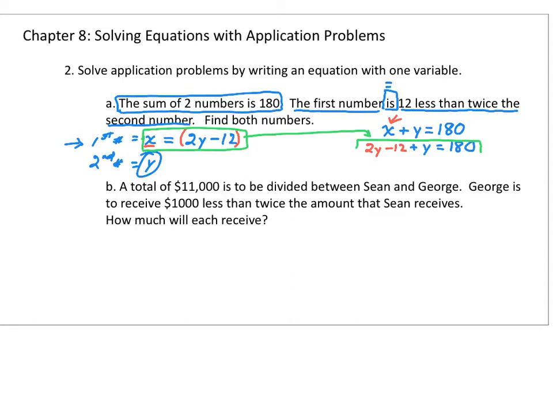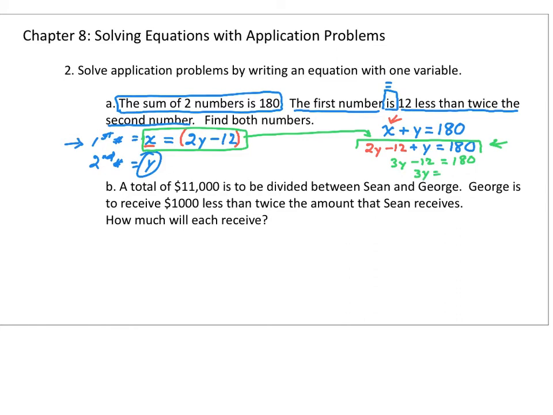You'll know you can have an equation you can solve when you have all one variable. See, we have 2y minus 12 plus y. We don't have x and y, we just have all the y's. So let's go ahead and solve that one. So 2y plus y, that would be 3y, minus 12 equals 180. And then we could add 12.